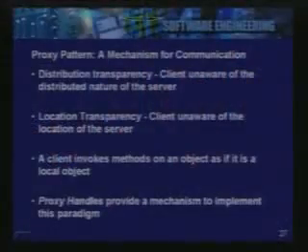So the two aspects: distribution transparency, the client is unaware of the distributed nature of the server, in the sense the server is on a different system and the client is on a different machine. Location transparency, the client is unaware of the location where it is. Firstly, that it is separately located in a distributed system, and secondly, you don't even need to know where it is located.